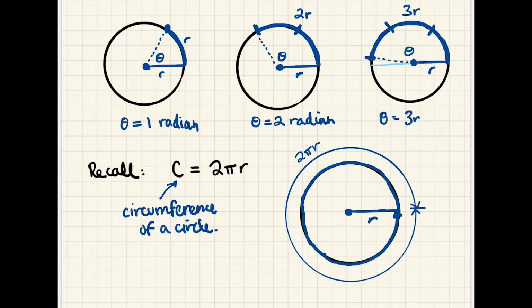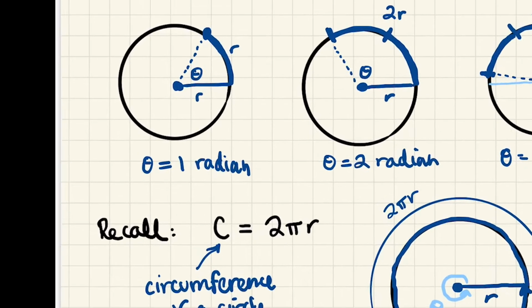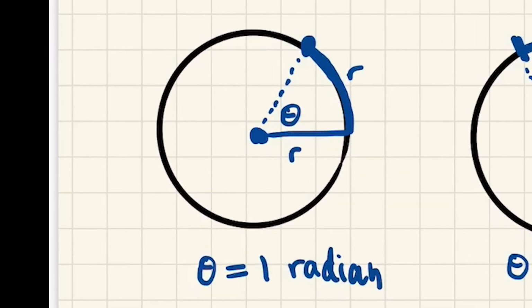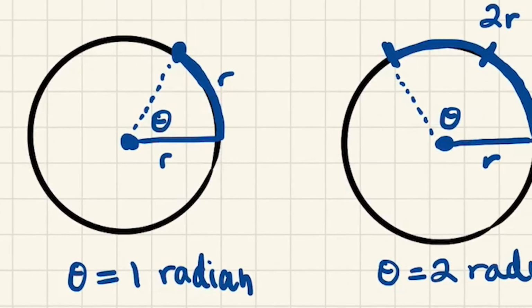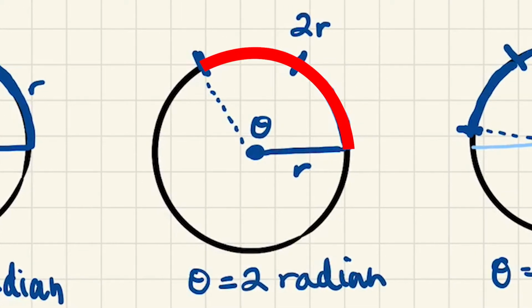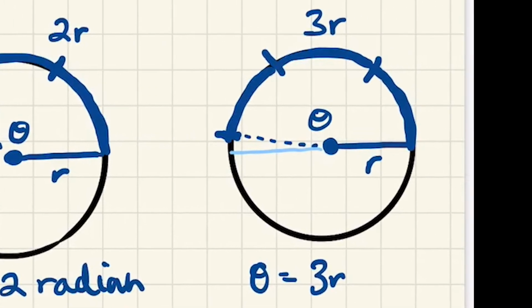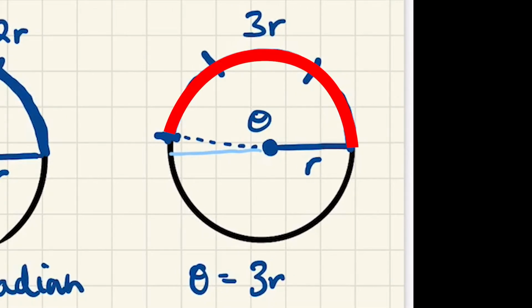Okay, so what is this angle going to measure in radians? Well, let's go back here. An arc length of 1r has a theta value of 1 radian. An arc length of 2r has a theta value of 2 radians. An arc length of 3r has a theta value of 3 radians.